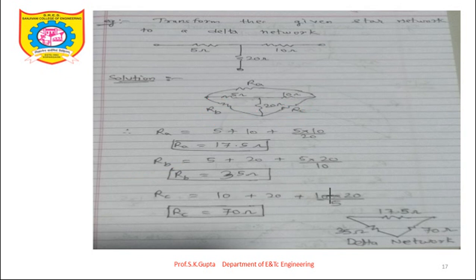So 10 into 20 divided by 5. So 20 divided by 5 is 4. So 4 into 10 is 40. So 10 plus 20 plus 40, answer is 70 ohm. Okay, then last step is you should draw the delta network with resistance values.